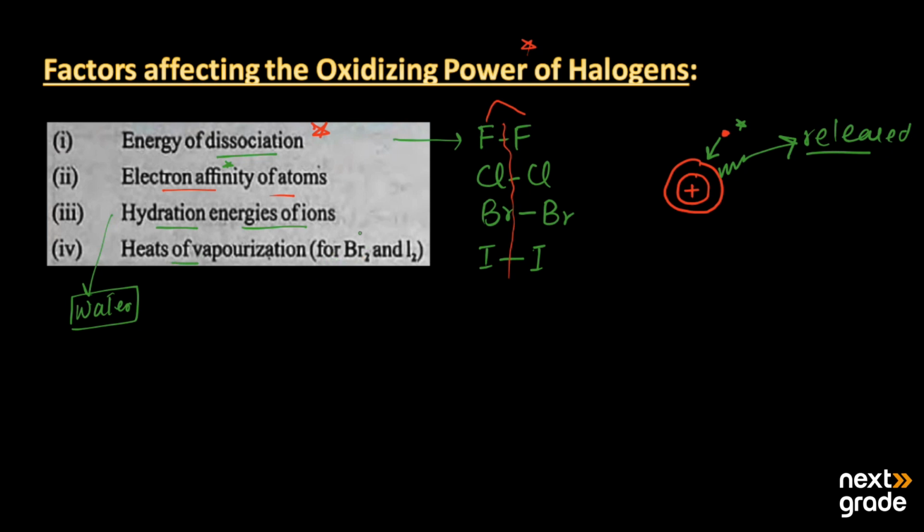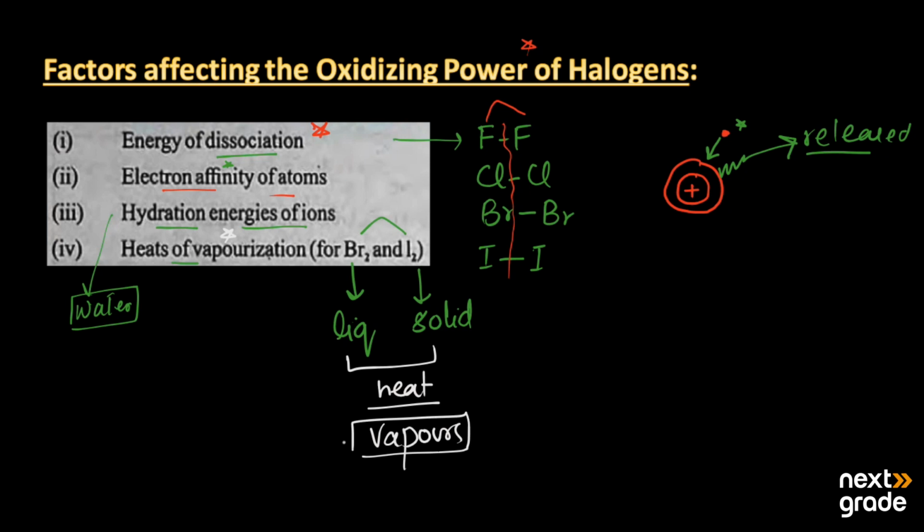Bromine is present in the liquid state and iodine in the solid state. If we heat both, the amount of heat they require to change into vapors is called the heat of vaporization.